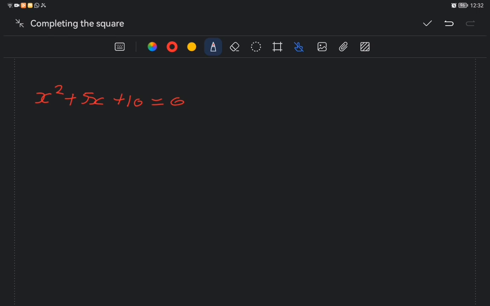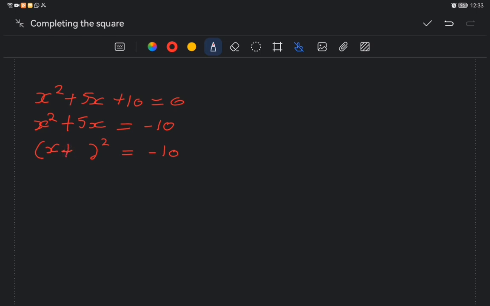Now, how do we come about this one as well? Same thing. We're going to say x squared plus 5x is equivalent to negative 10. Then we open a bracket, squared is equivalent to negative 10 because we keep the right the same. Then we drop the x, we drop the sign in between the x squared and the 5x, which is plus.